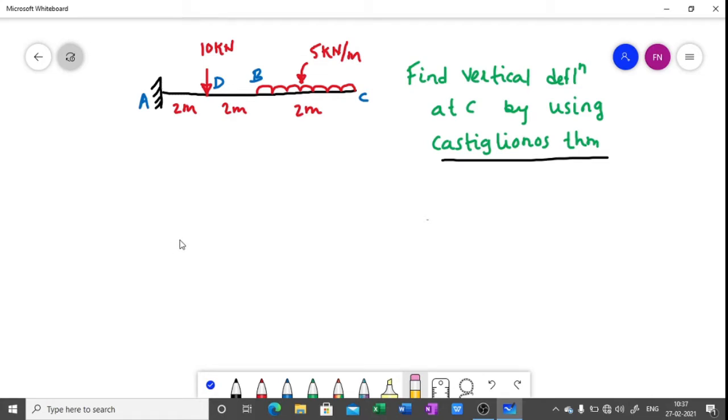Here we have a question to find vertical deflection at point C by using Castigliano's theorem. Castigliano has two theorems, part 1 and part 2.